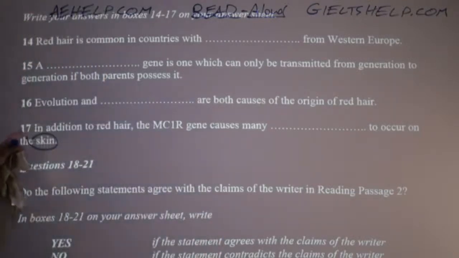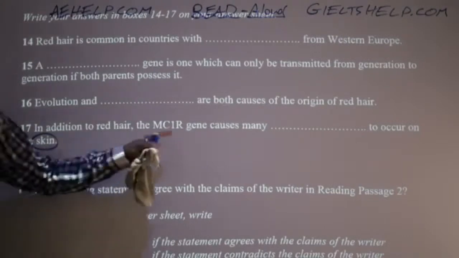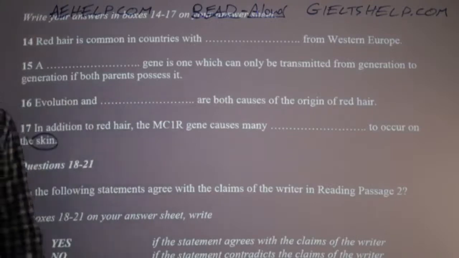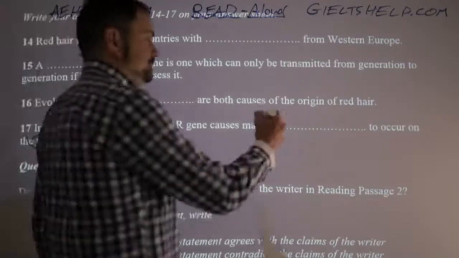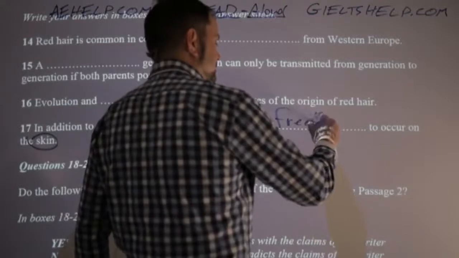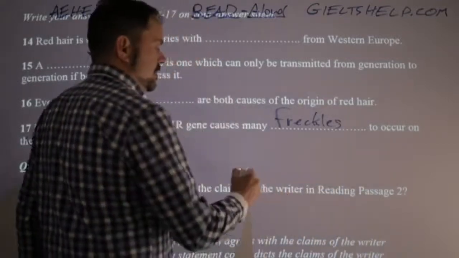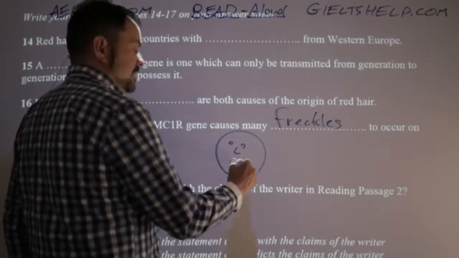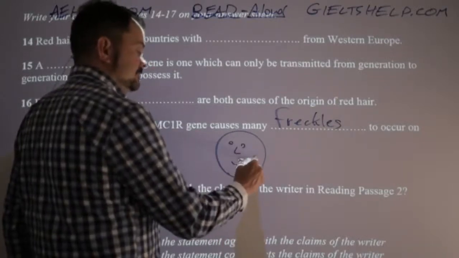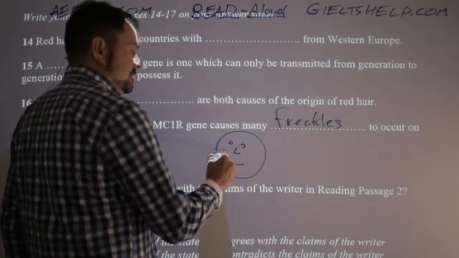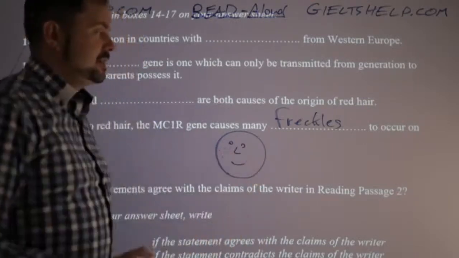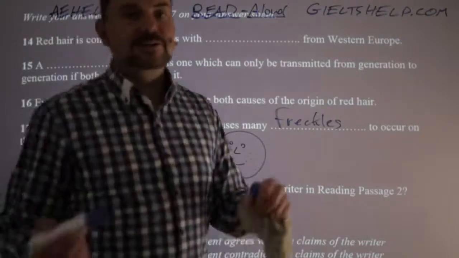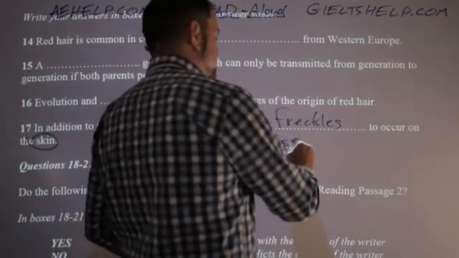So going back to number 17, in addition to the red hair, this MC1R gene causes many. Carolina says it's freckles. Yeah, freckles on the face means that you have those little dots, those little speckles.